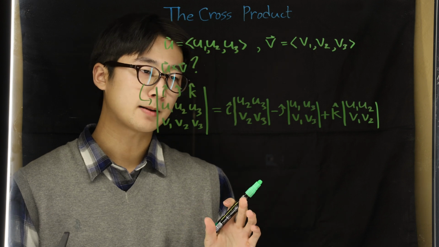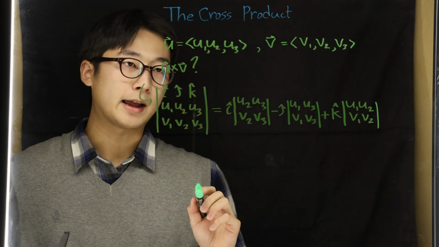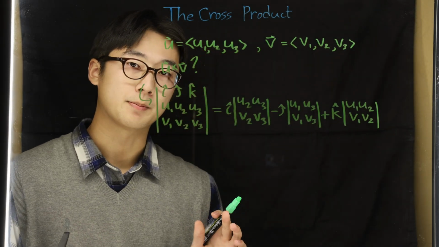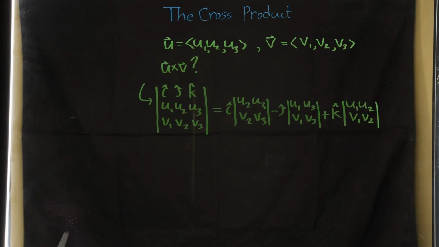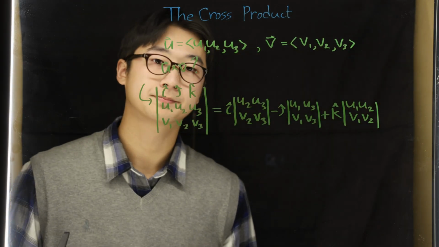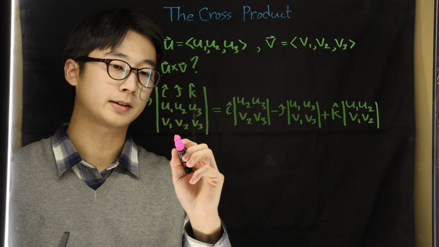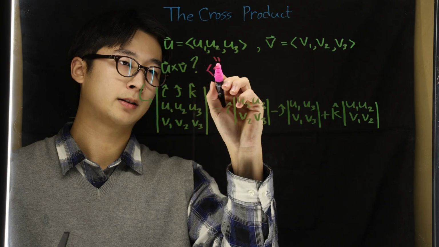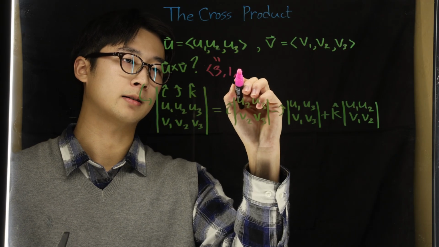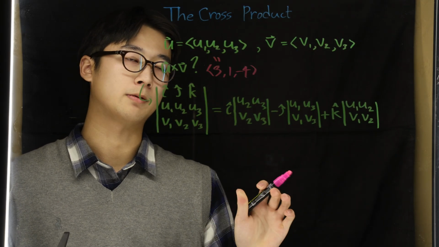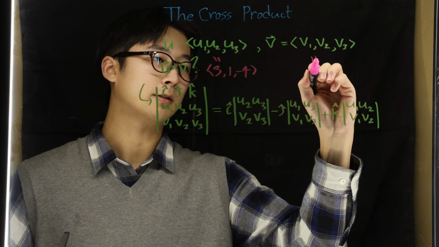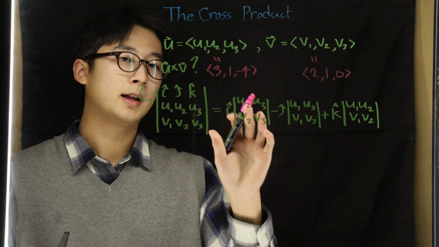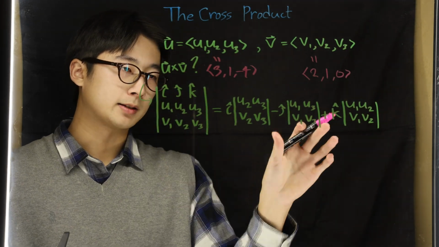Let me show you an example. Let's say a vector u is 3, 1, minus 4. I don't know, just random numbers. And vector v is equal to 2, 1, 0. Then the cross product we can find using the same method.